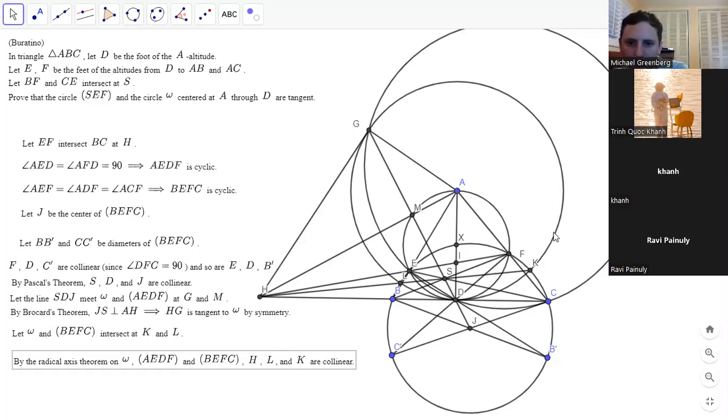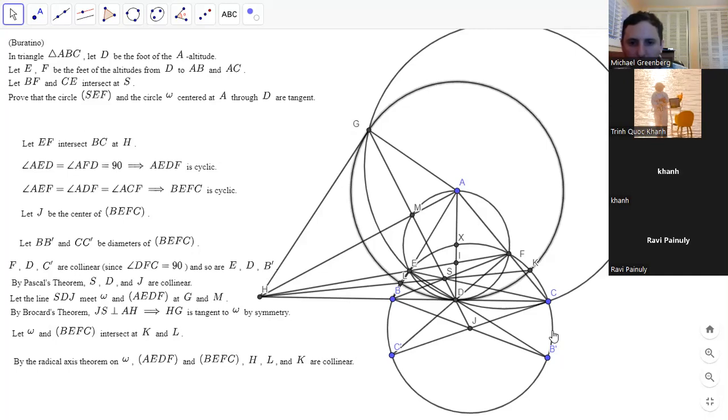We want to show it has the same power with respect to this circle. Maybe we can use Brocard's. I got it. By the Brocard theorem, A lies on the polar of S, so S must also lie on the polar of A, and we can easily show that LK is the polar of A. So S must lie on LK.